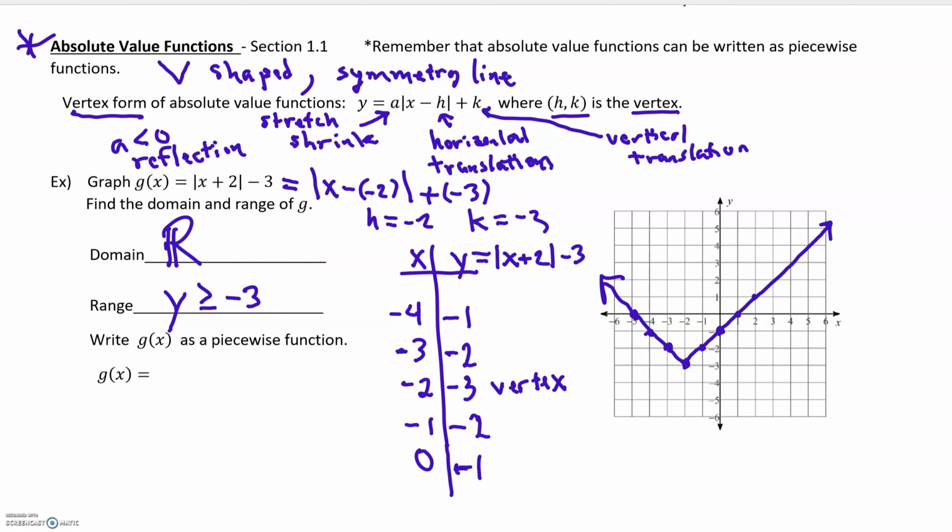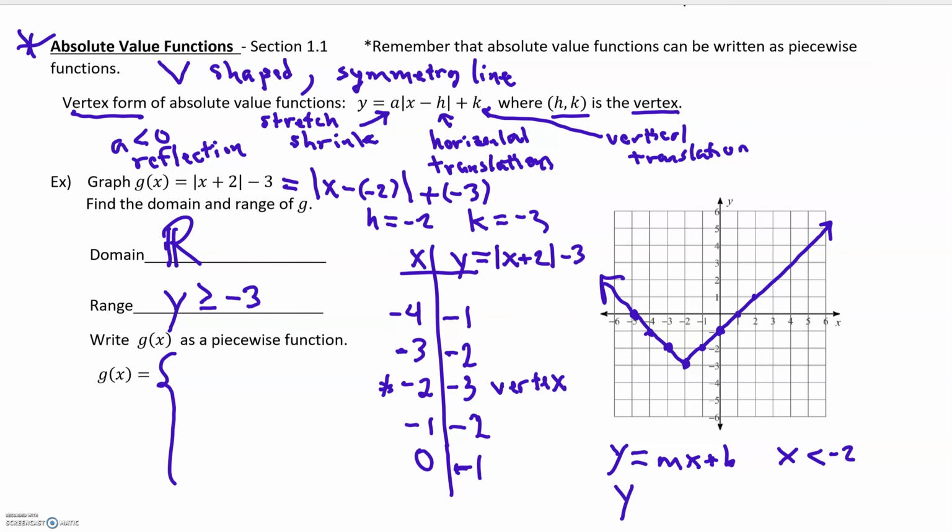Now we're going to write the function g as a piecewise function. Notice the change is happening at x equals -2. That's where the change happens for the two different rays. For the left half, y equals mx plus b, where x is less than -2.